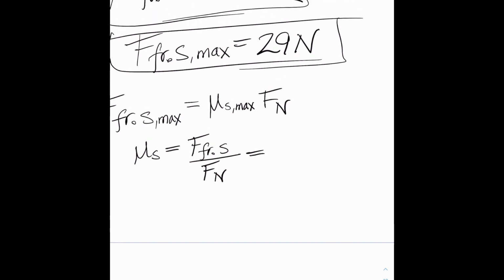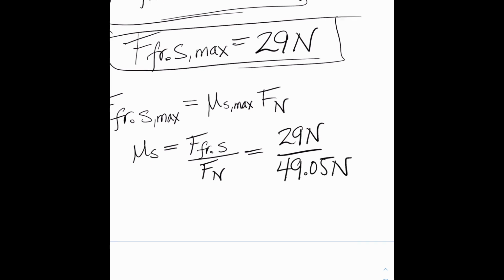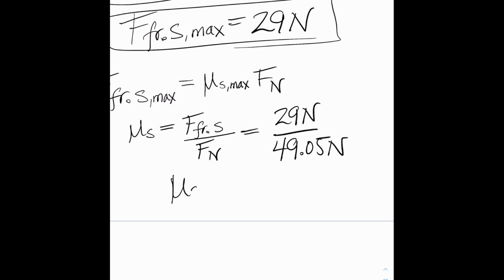So we said friction static max was 29 newtons, and we said force normal, I think, was 49.05 newtons. If we solve for that, we can see that mu static max, I just can't make up my mind about writing it again, is equal to, what's that going to be?